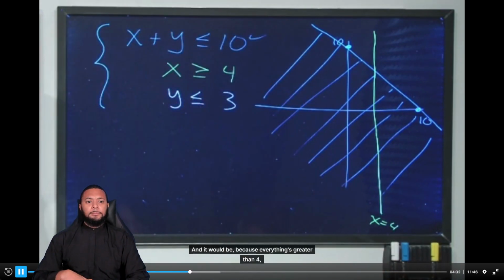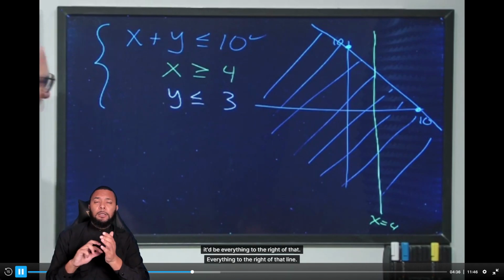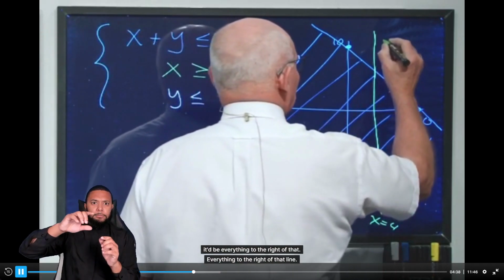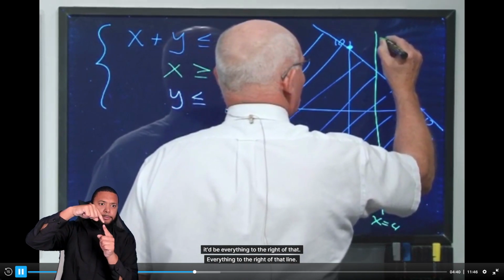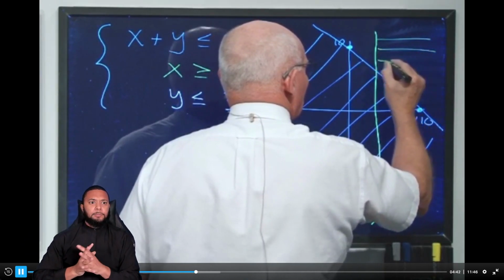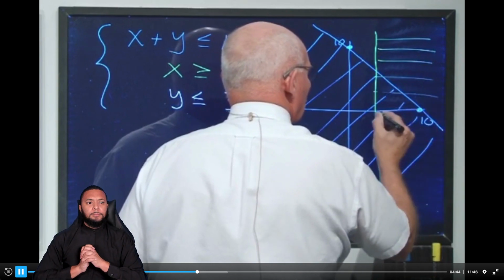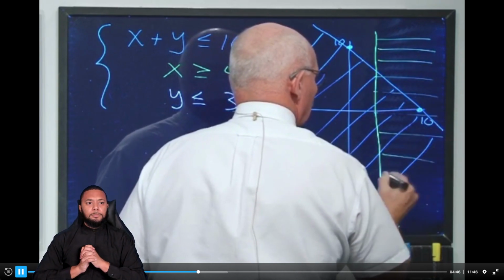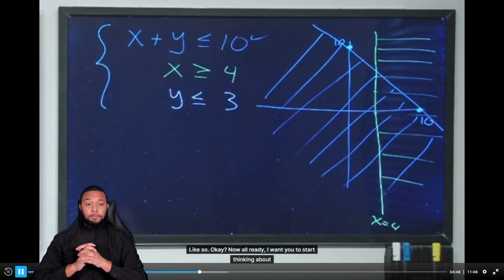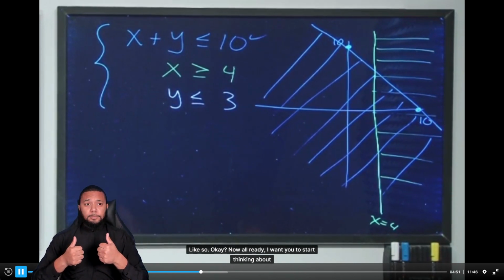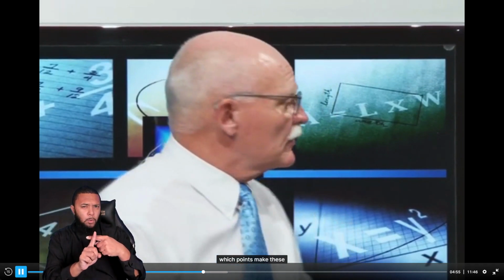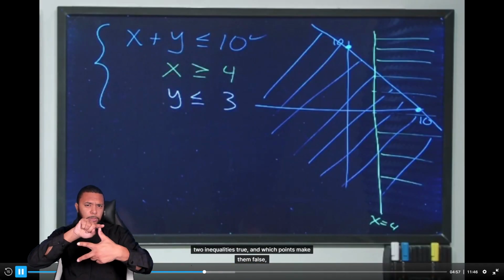And because everything's greater than 4, it'd be everything to the right of that line. Like so.